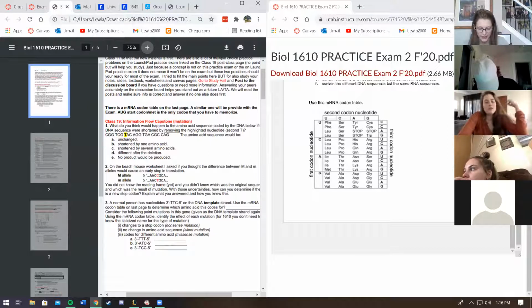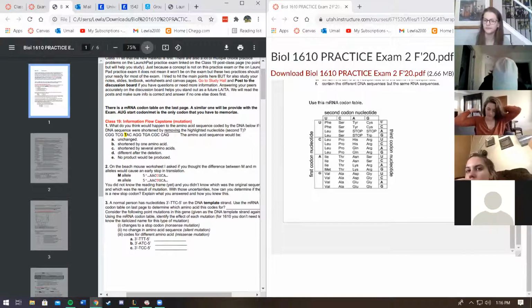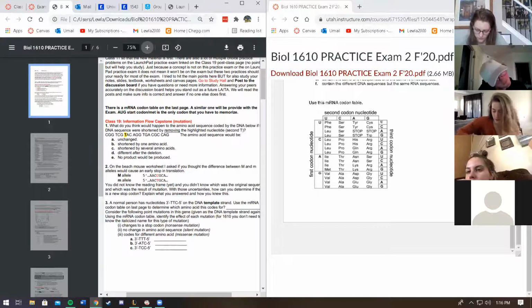All right, and then honestly, I am not good at the mutation part of this. I think I got this one. So as far as I'm concerned, you don't have to change anything. We're given the first thing, which is 3' TTC. So a nonsense mutation is when it changes to a stop codon.